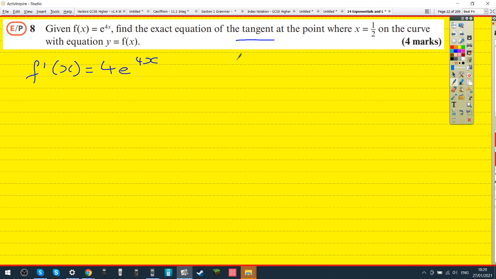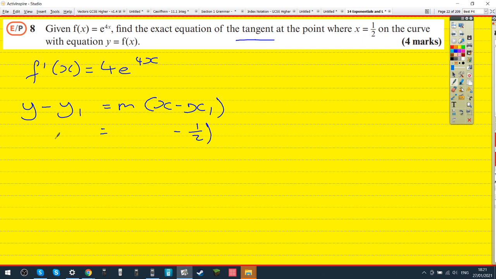I don't know. It's a straight line, and so it's going to basically be y minus y1 equals m(x minus x1). What is x1? A half in this case. How do we get y1?